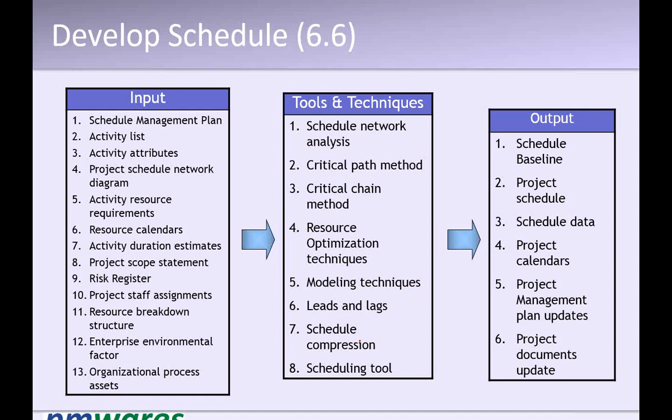Now schedule is a very important part of the project. If you look at the list of inputs, the schedule touches almost every part of the project, and it is the most changing artifact on the project. We normally say if you have opened the schedule, there is a high likelihood that you will make some changes.